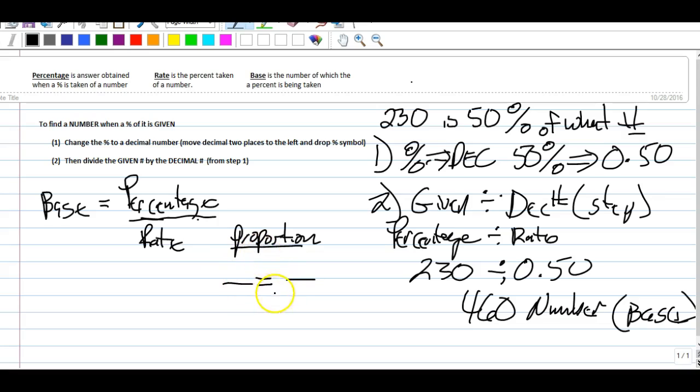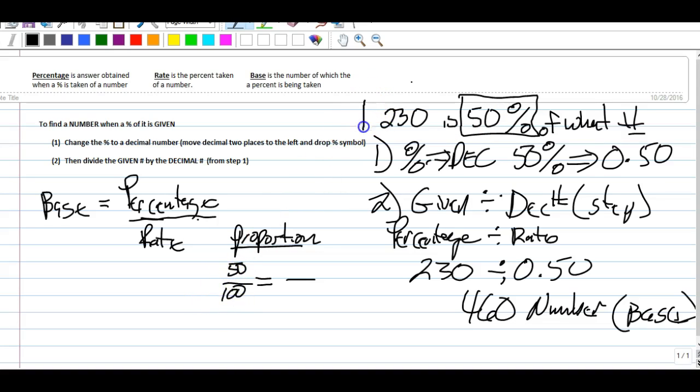So again, a proportion is the equality of two ratios. A ratio is a fraction. So I'm going to come up with two fractions. One of those fractions will be missing a part, and when I solve for that missing part, that gives me the answer. One of those fractions comes directly from your percent, 50%. Percent means hundredths, so 50% means 50 over 100.